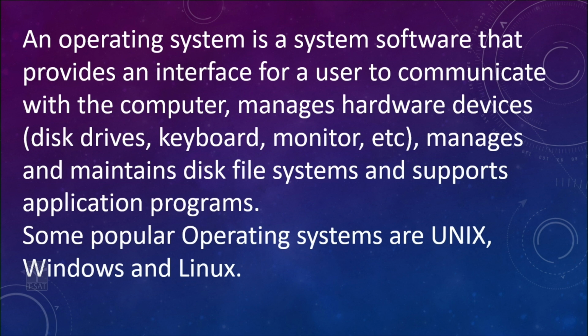Some popular operating systems, which you have to know, are Unix, Windows, and Linux. These are very, very important. Unix is the first one, Windows is very familiar, and Linux also. These are the various operating systems.